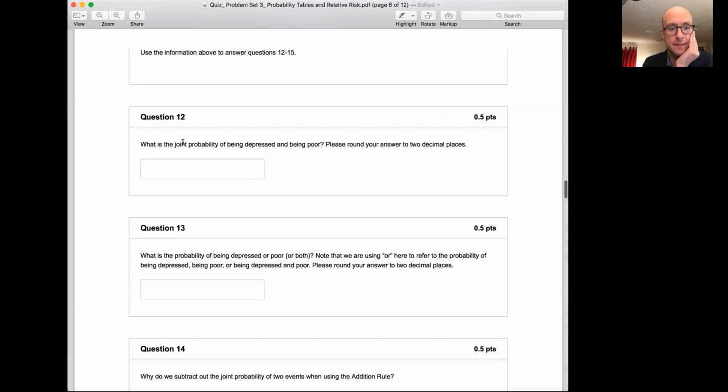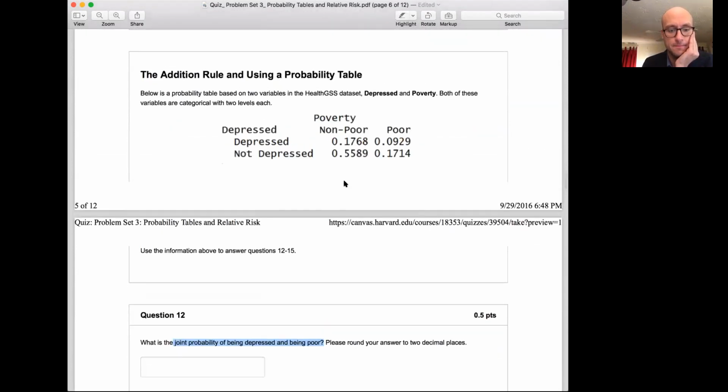What is the joint probability of being depressed and being poor? Well, that's an interesting question. Well, you can just look at being depressed and being poor. And there it is. Notice again, this is the same answer that you've had in an earlier question.